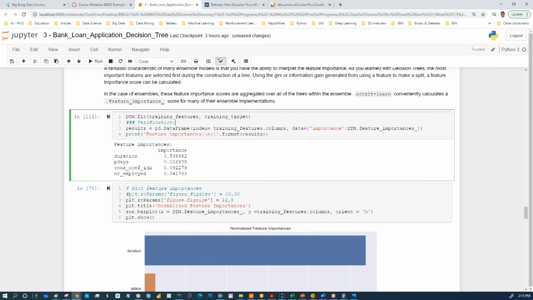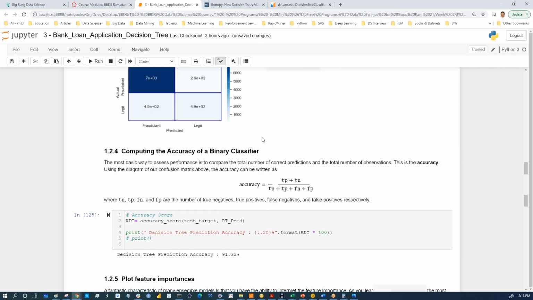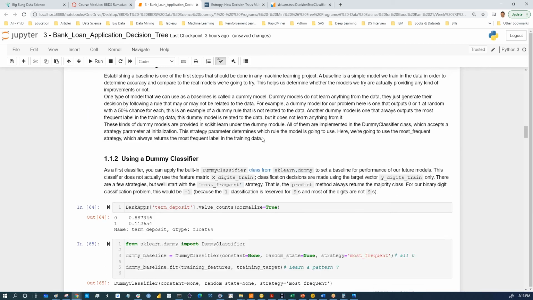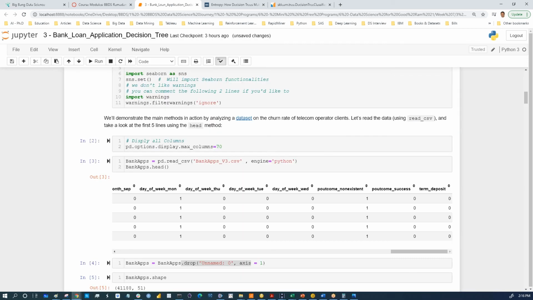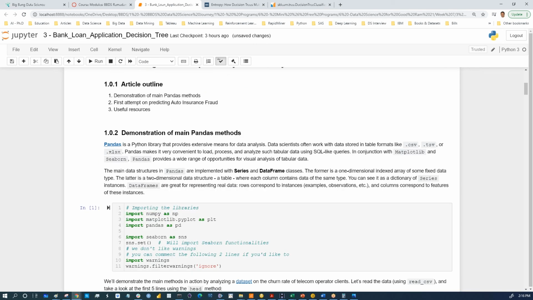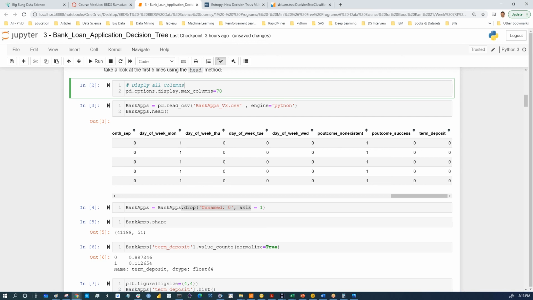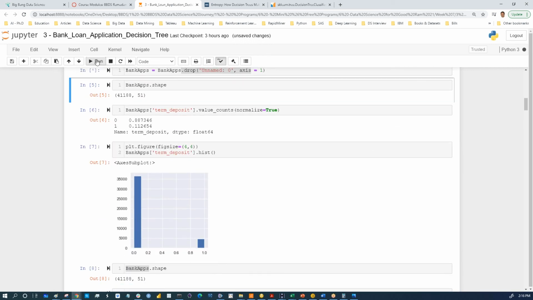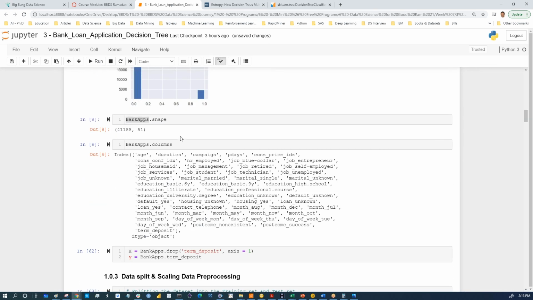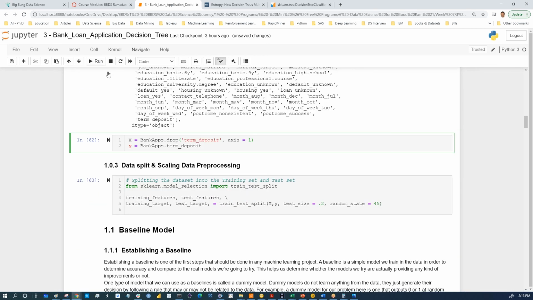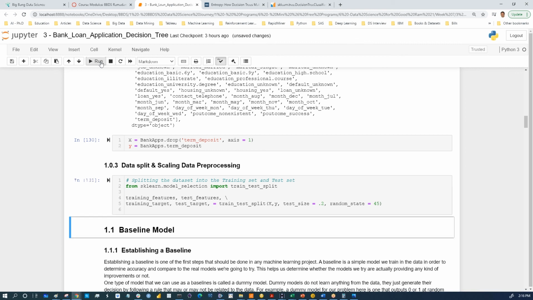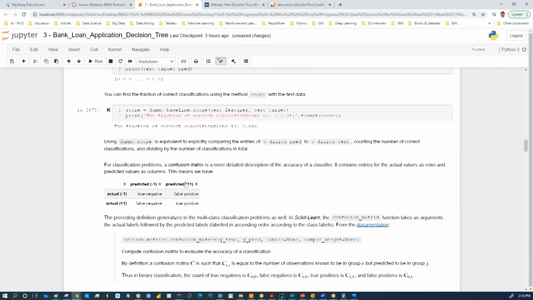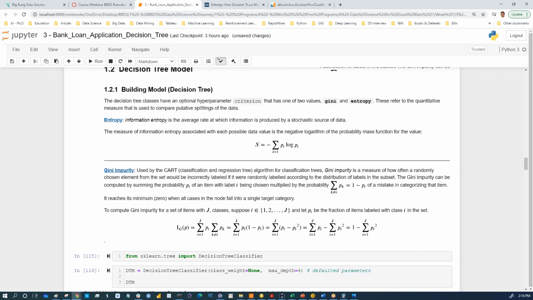But before we do that, let's try the entire data set. So we are going to import the entire data set here, and we are going to identify X and Y. Okay, split, and we are going to go straight to decision tree.